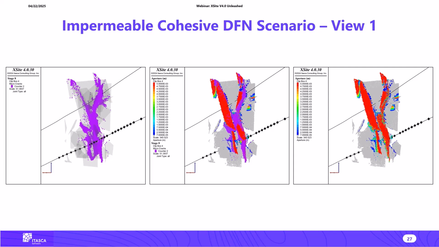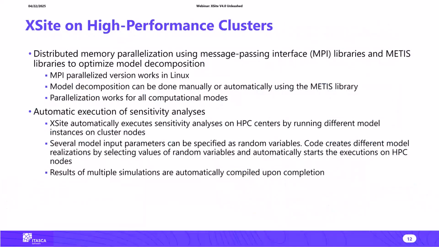The only way to deal with this, if you are trying to predict, is what we mentioned when we talked about capabilities to execute sensitivity analysis. The only way would be to generate the stochastic DFN and then use multiple realizations, run multiple models, and do sensitivity with respect to DFN realization, and then obtain the results of possible trends.